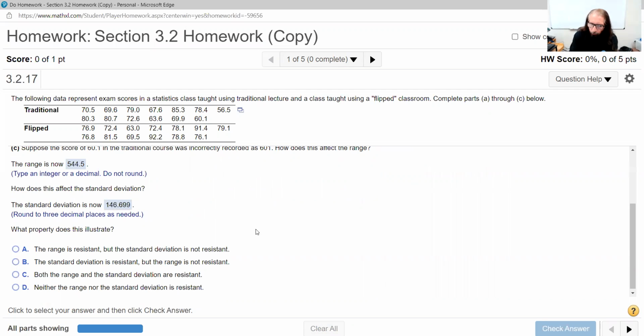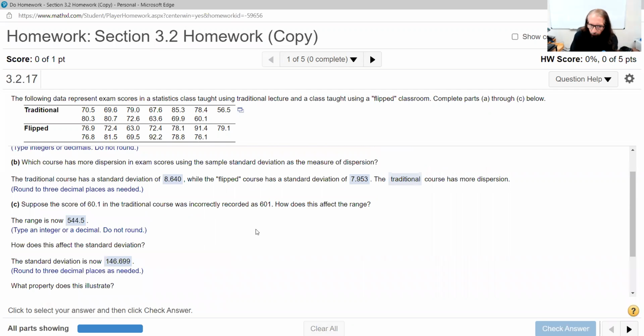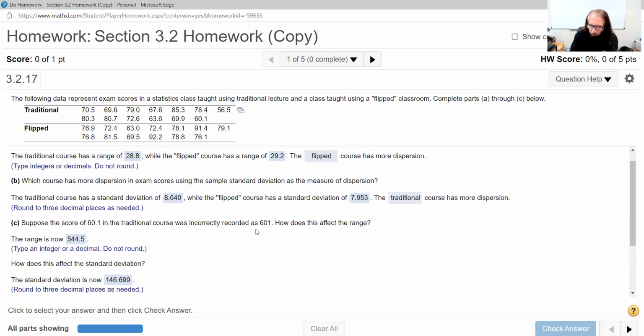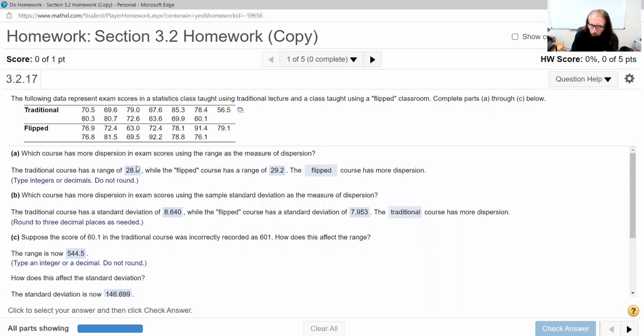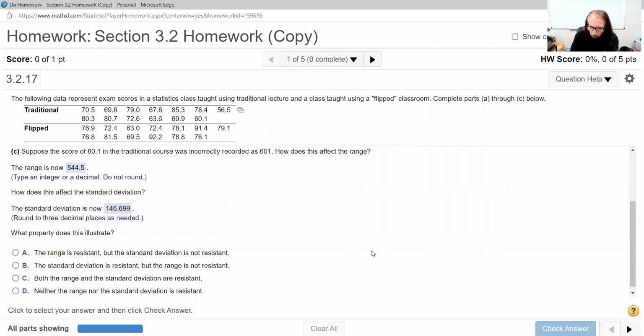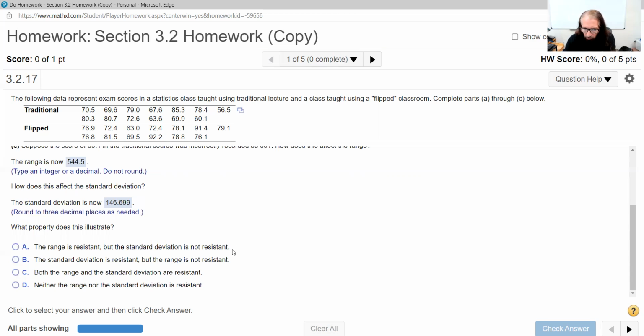Both of those, the range for the traditional class jumped up by several hundred, and the standard deviation jumped up by over 100. Neither one of them is resistant.